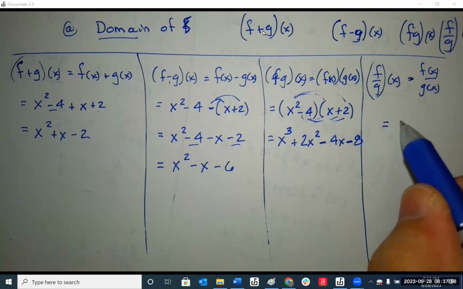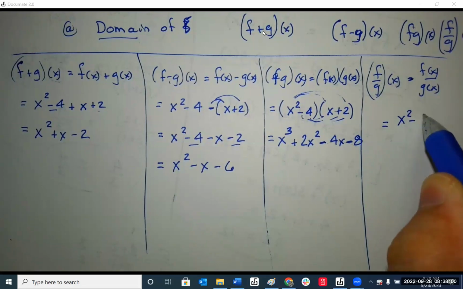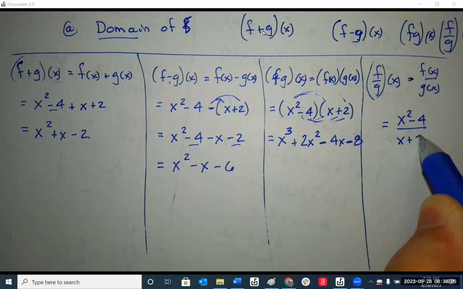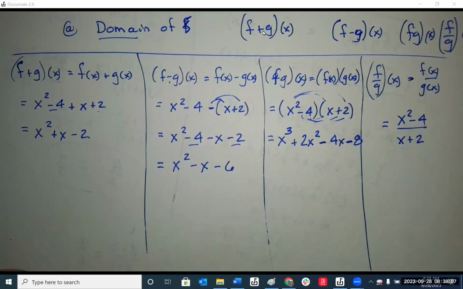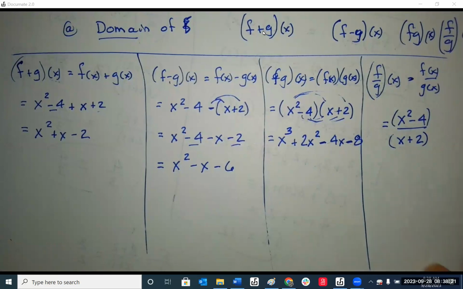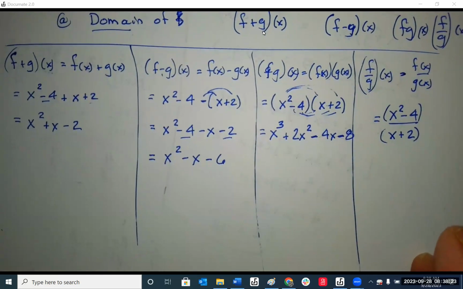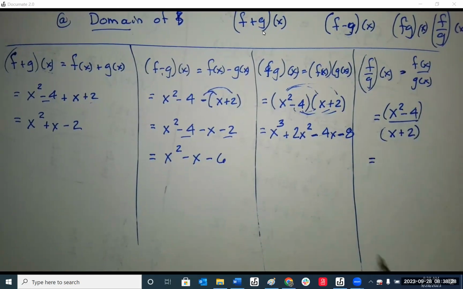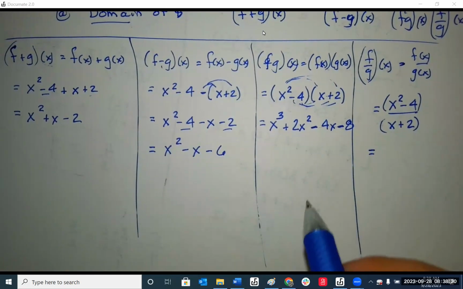And the last one, we have x squared minus 4 over x plus 2. Anything cancel? Not just yet, but again, they put this in the wrong section because on the top, we use this rule.